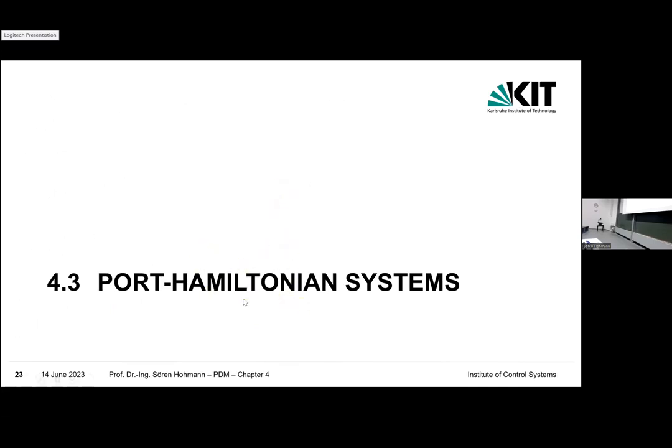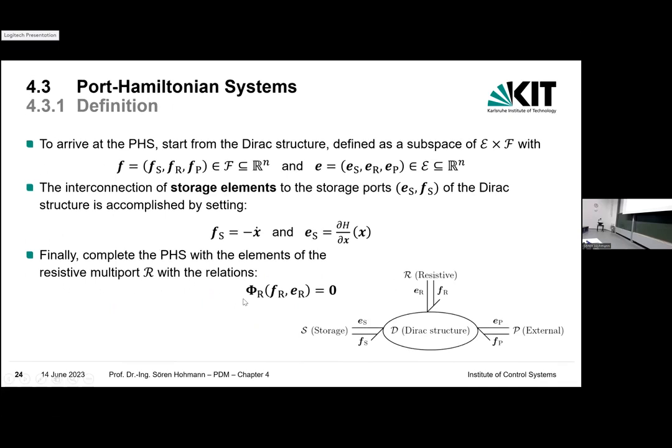Let's have a look at port-Hamiltonian systems right now. As already said, F is given by means of Fs, Fr, Fp. So we define F as being these variables and E as being these variables out of the vector space Rn.